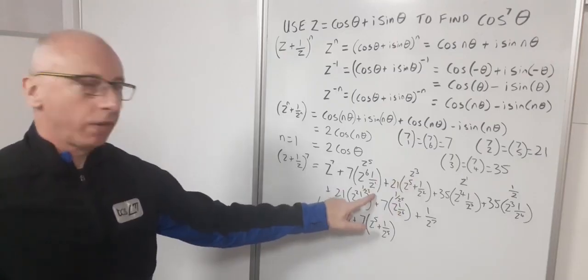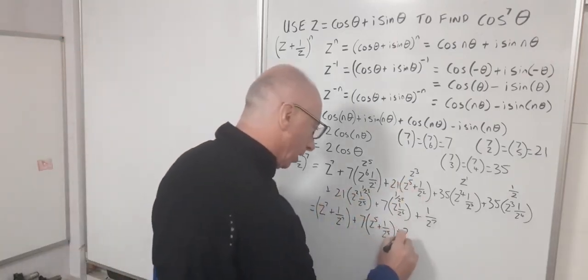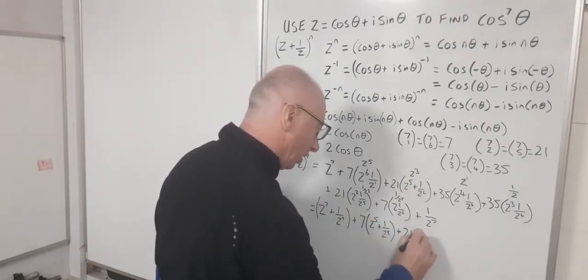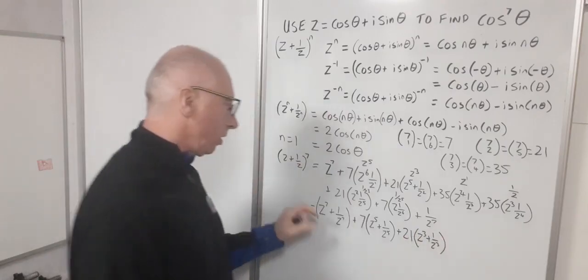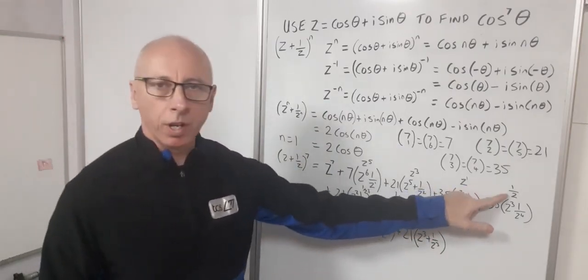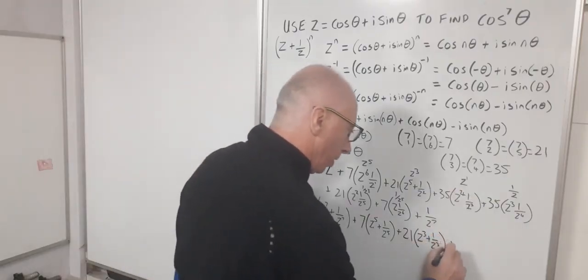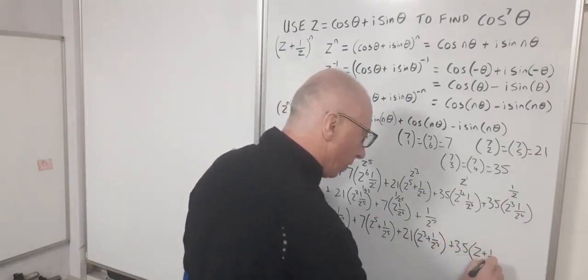That will be with a 1 over z cubed, and the coefficient for that is 21. So I've got z cubed plus 1 over z cubed. So that's worked out really handy. And now my 35, I've got z and 1 over z. So plus 35 z plus 1 over z.